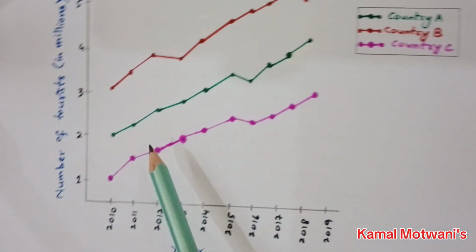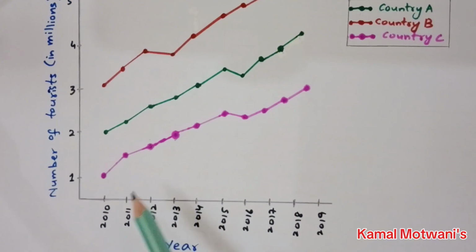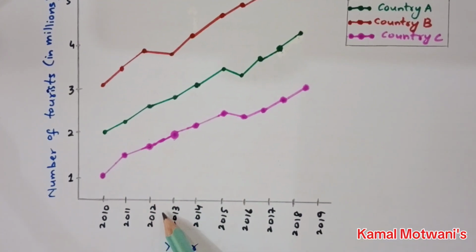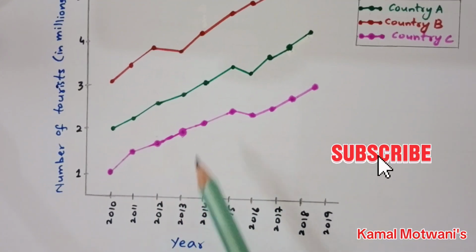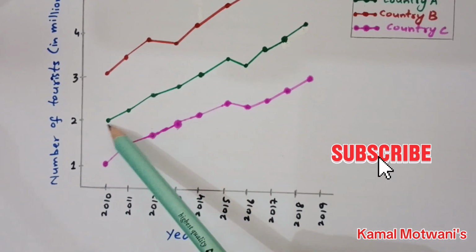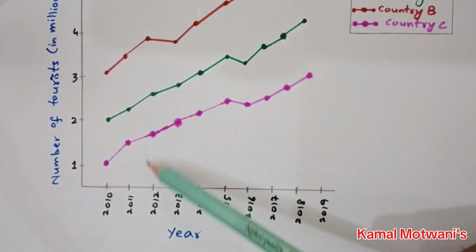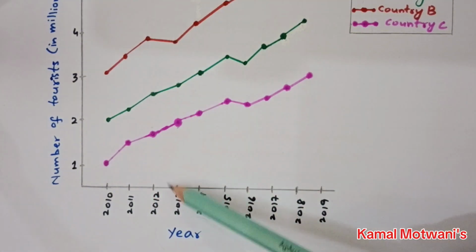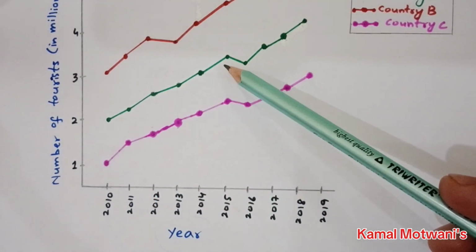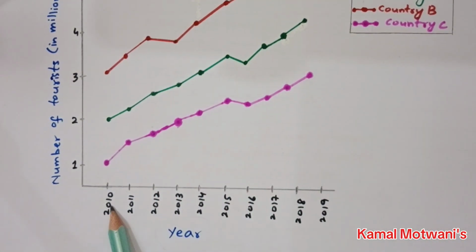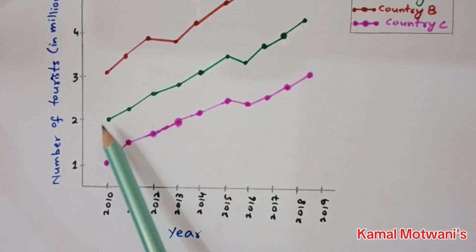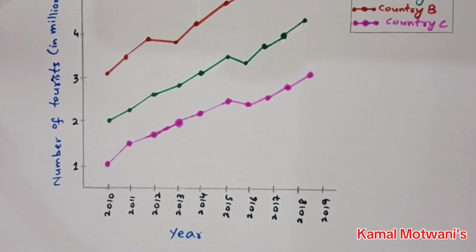Now from 2010, 11, 12, 13, 14, and 15. Between 2010 and 2015, this graph is following the upward trend.